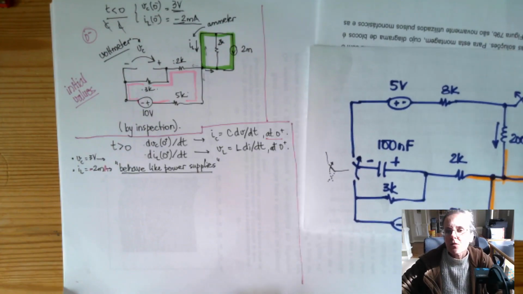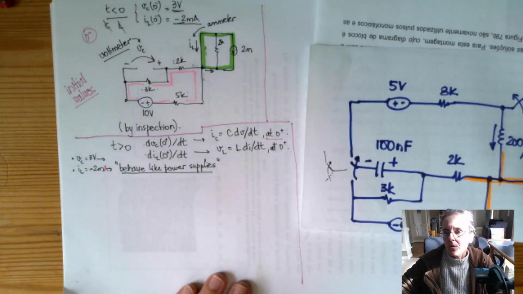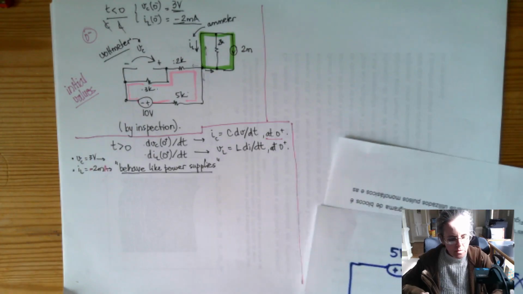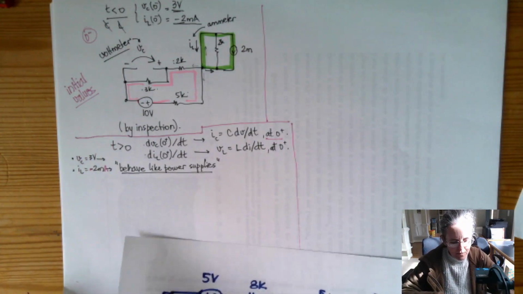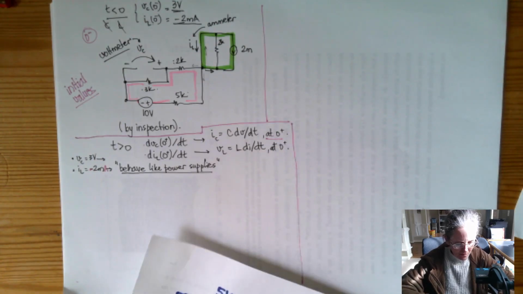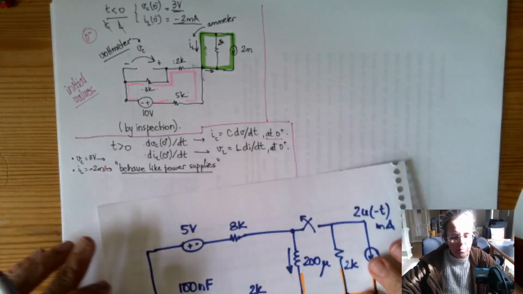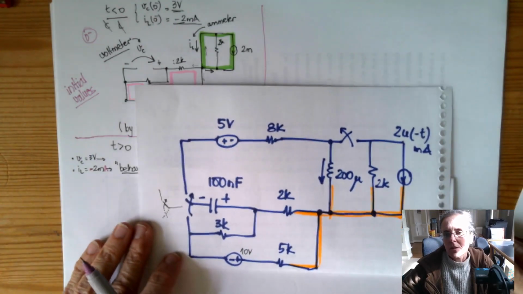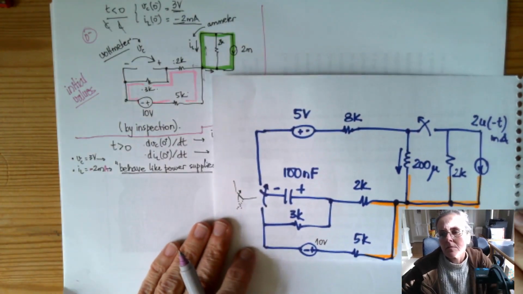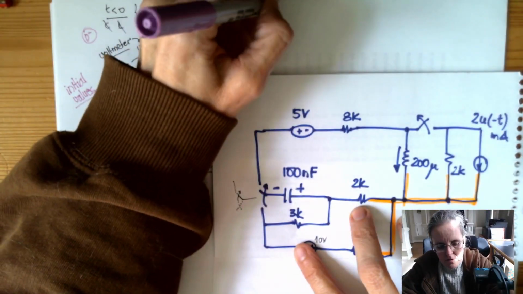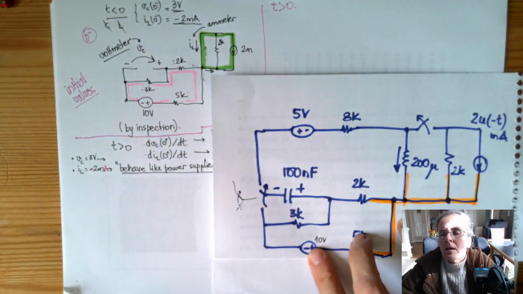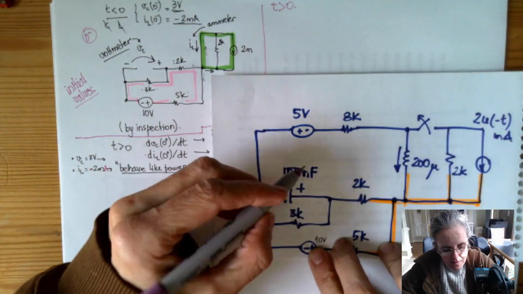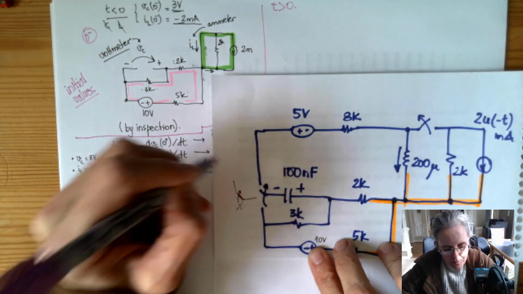Now I'm considering t larger than 0. I'm going to draw how the circuit looks at t larger than 0. What happens is this switch finally goes up.